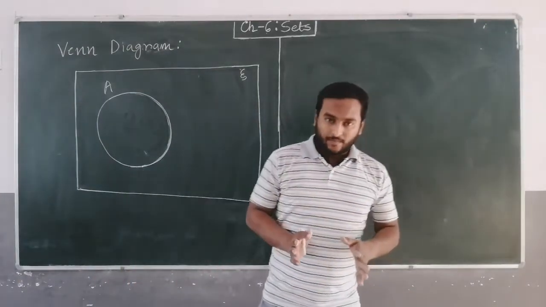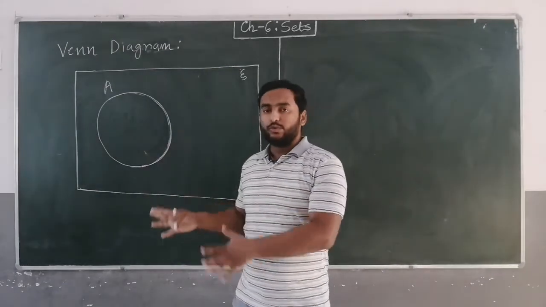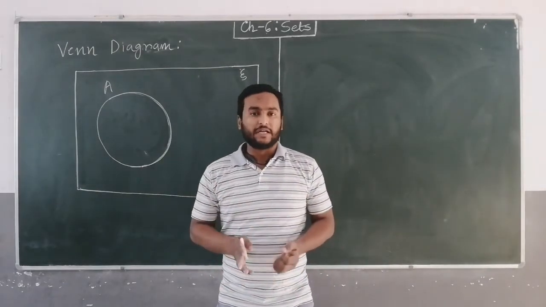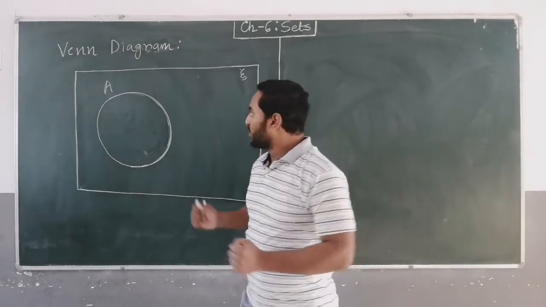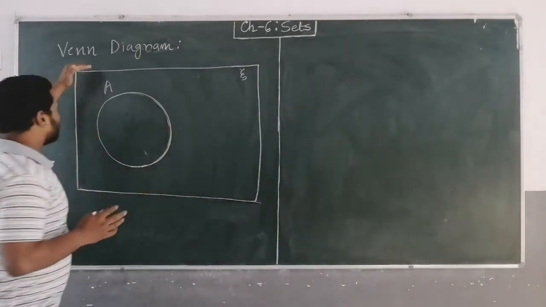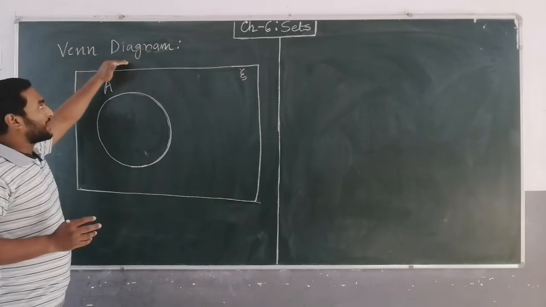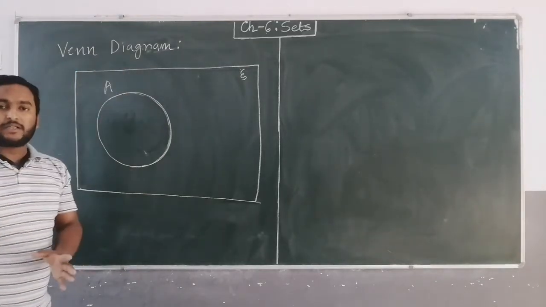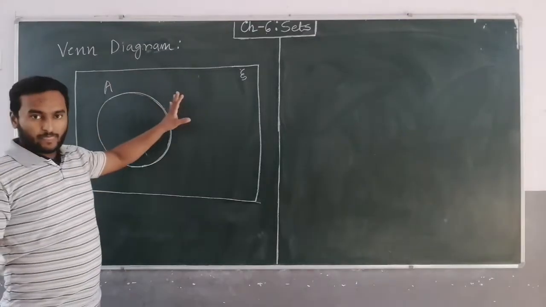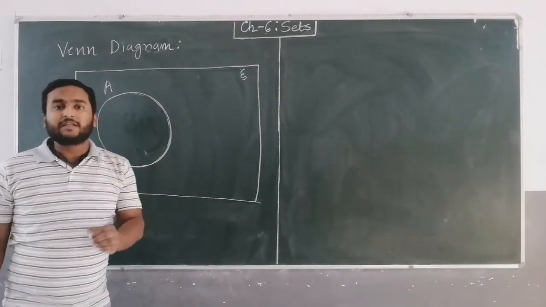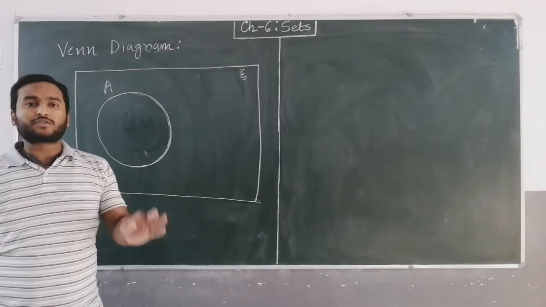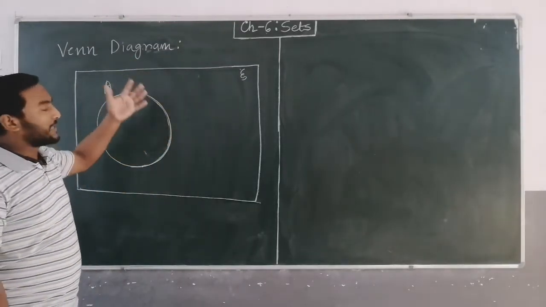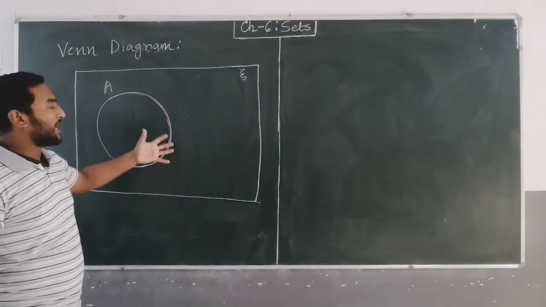Now, first, if you want to represent two disjoint sets or overlapping sets, how will you represent them? Try to understand what a Venn diagram is. We have represented sets in set builder form or roster form, and this is another representation of a set through a diagram.